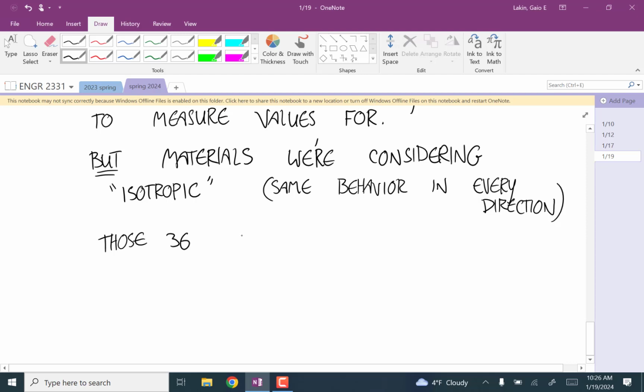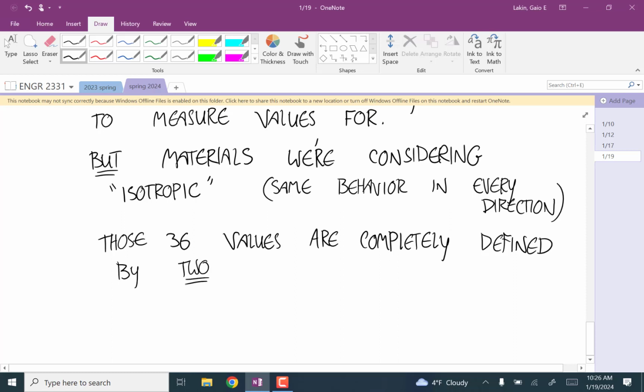So those 36 values are completely defined by two material parameters that are easy to measure.